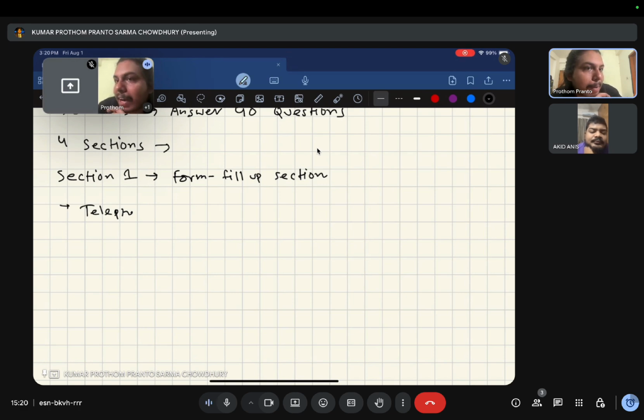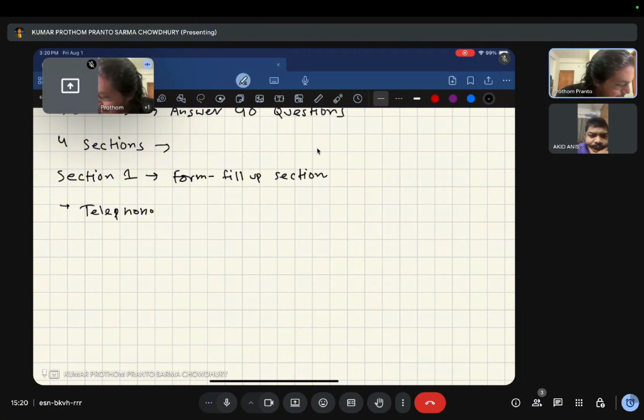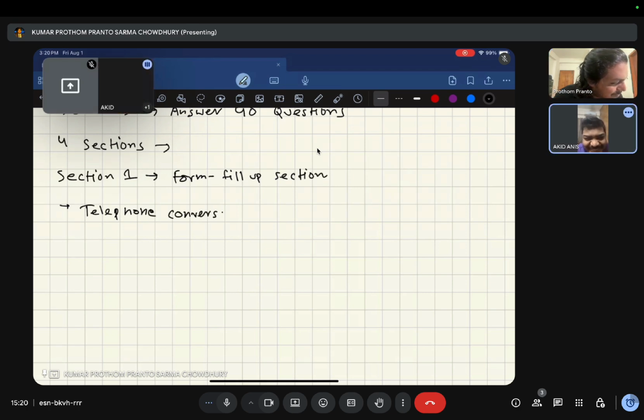Maybe you're inquiring about getting a driver's license. So they are telling you that in order to get a driver's license you have to do this and this. So it can be a telephone conversation.